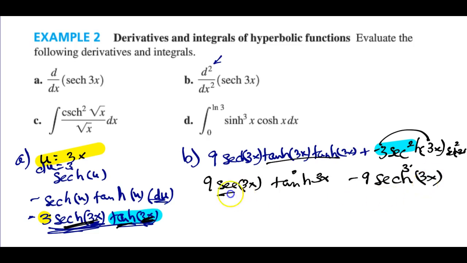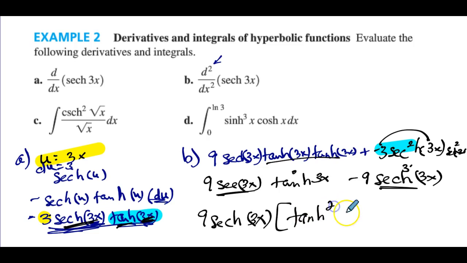So I could actually factor out a 9 hyperbolic secant 3x, leaving me with hyperbolic tangent if I factor correctly.